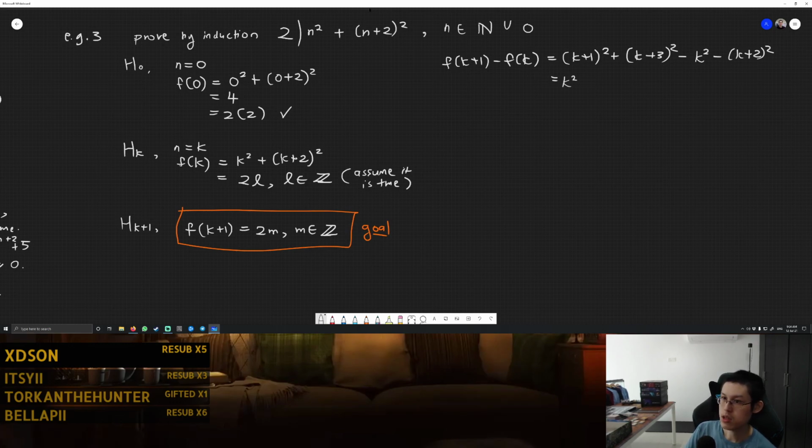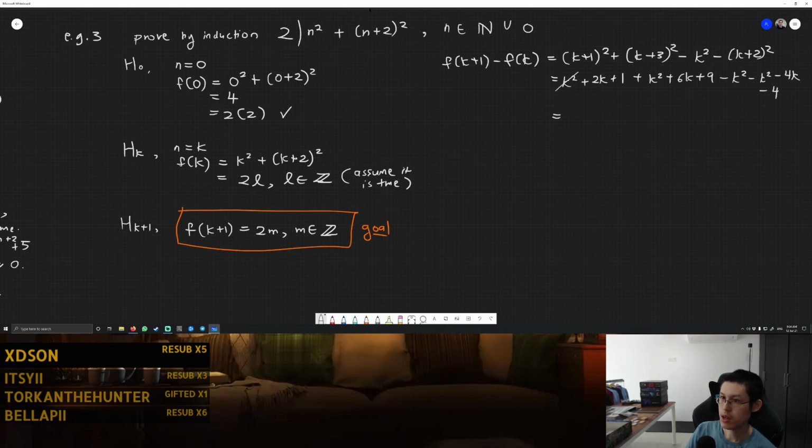So we have k squared plus 2k plus 1 plus k squared plus 6k plus 9 minus k squared minus k squared. This one is going to be minus 4k. And then the last one is minus 4.